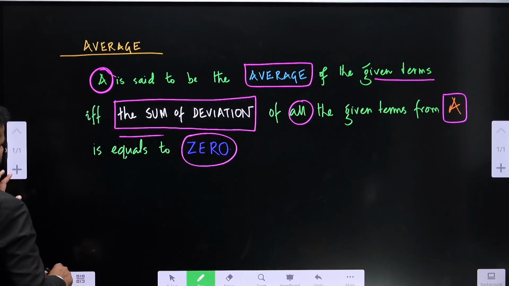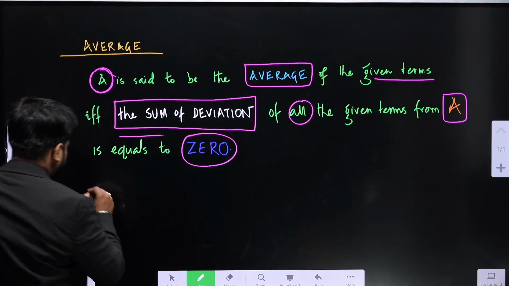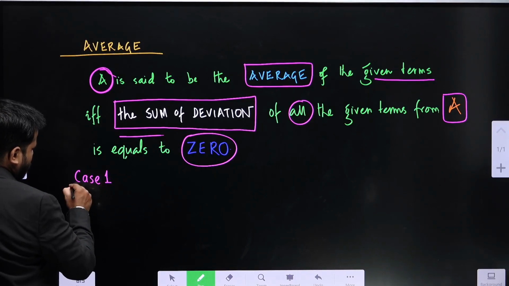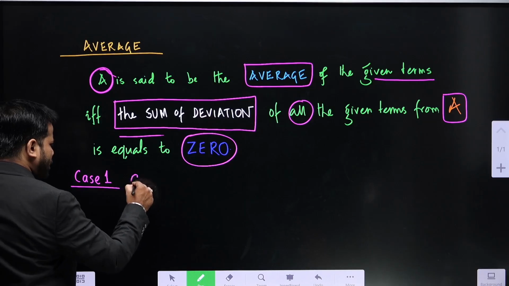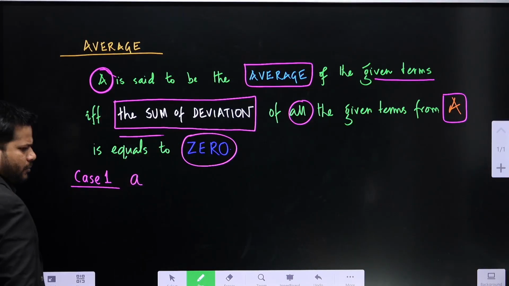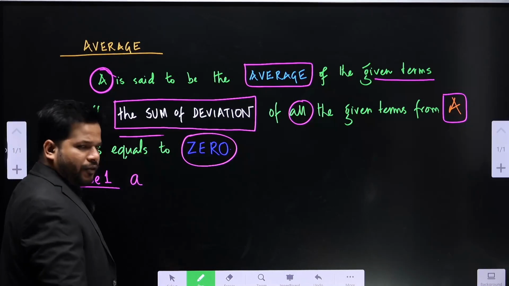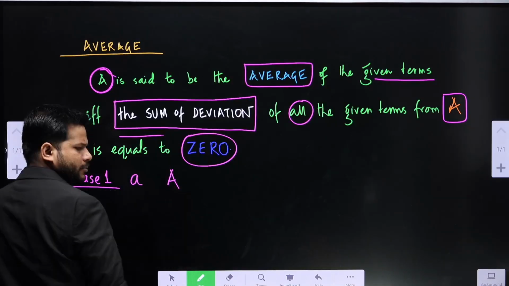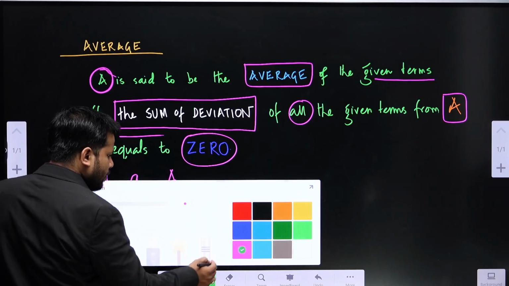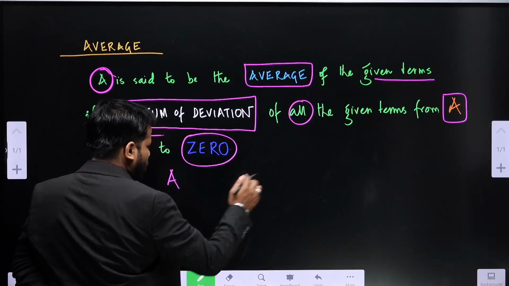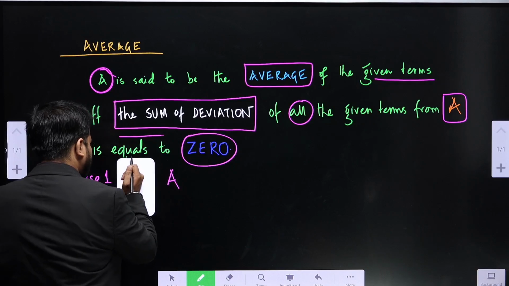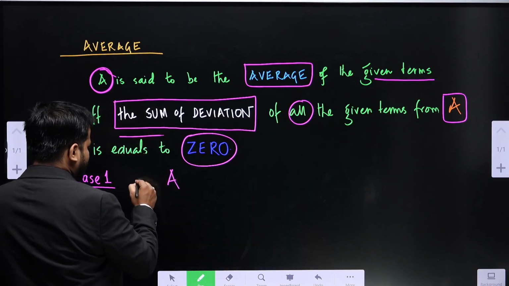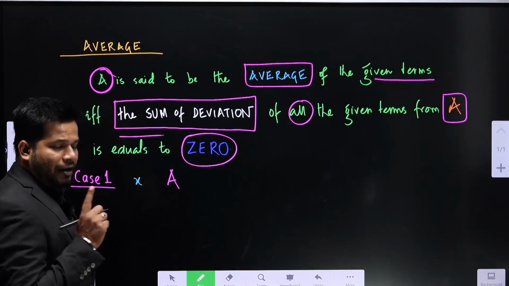Let me tell you what the sum of deviation is. For that, let me take a case for you. This is case number 1. When there is only one term and you want the average, let the average be capital A. To avoid confusion, suppose the term is X. You have only one term.